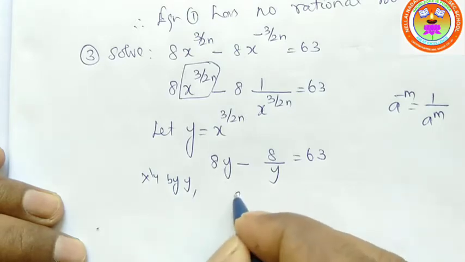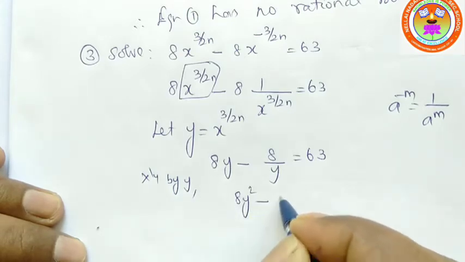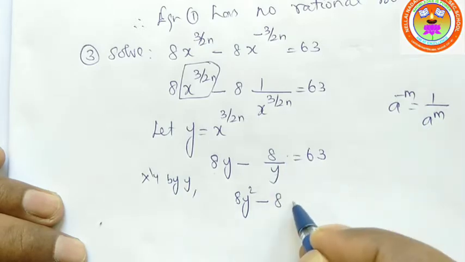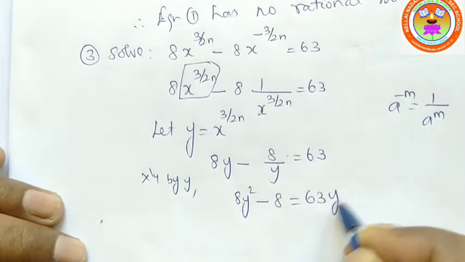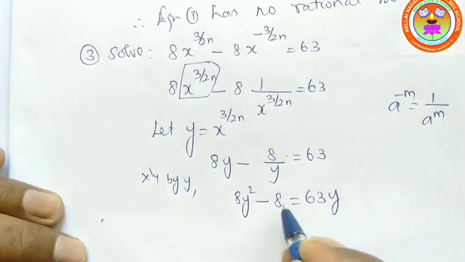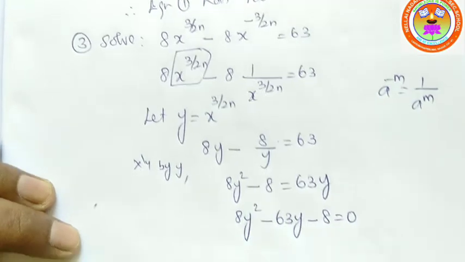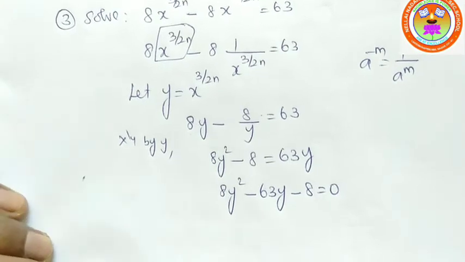Here we will get 8y square minus 8, the y and y getting cancelled, which is equal to 63y. Bring this 63y to this side, so we will get 8y square minus 63y minus 8 is equal to 0. So we got one quadratic equation.